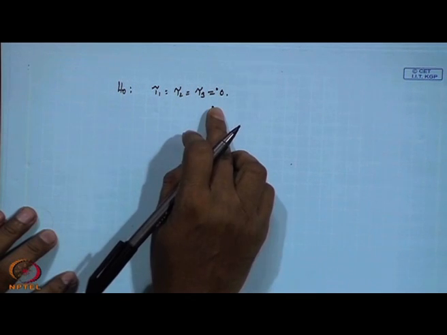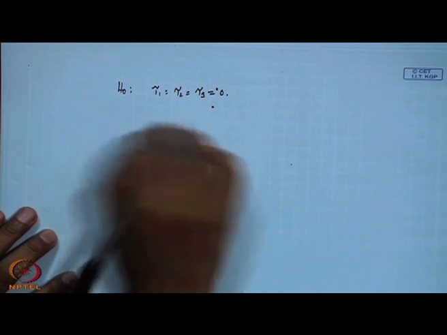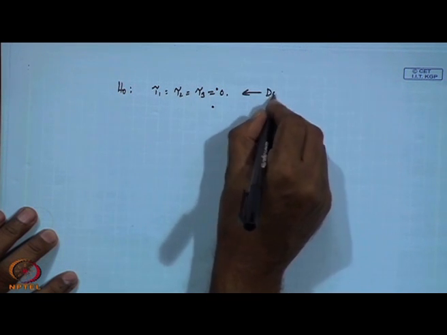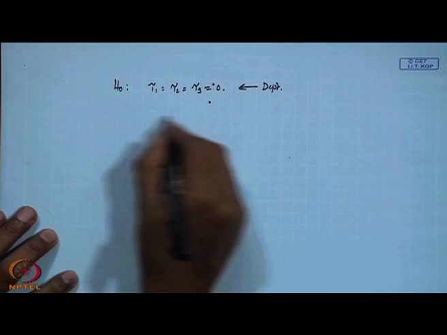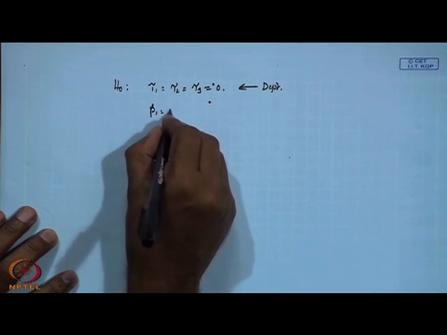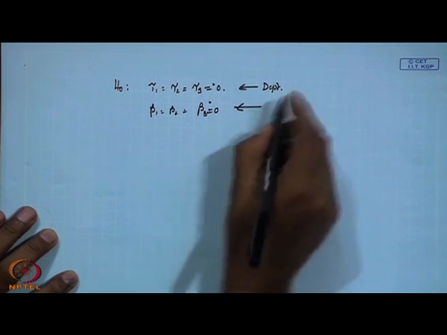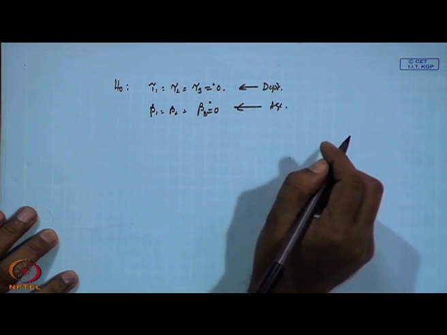I am not writing mu 1, mu and all those things. Then this is from the department point of view. Similarly, beta 1 equals beta 2 equals beta 3 equals 0, that is from the age point of view.